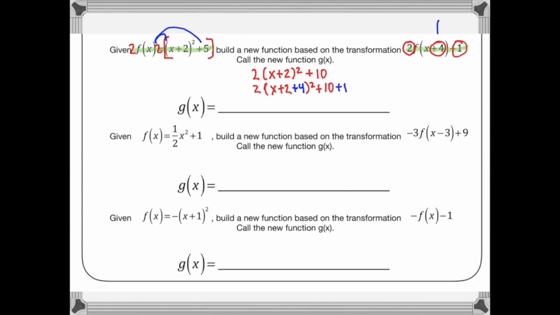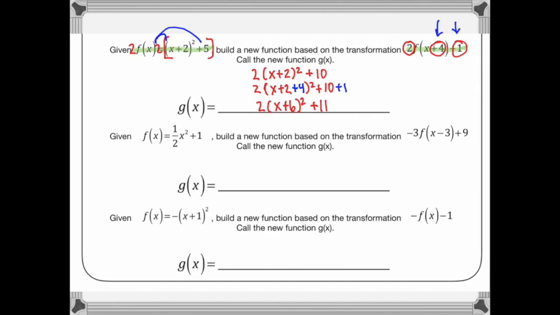That's coming from right there. At the end of the day, when I put all this together, I'm going to get 2x plus 6 squared plus 11. So that's what g of x would look like.